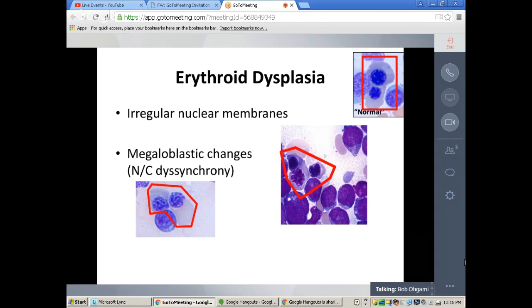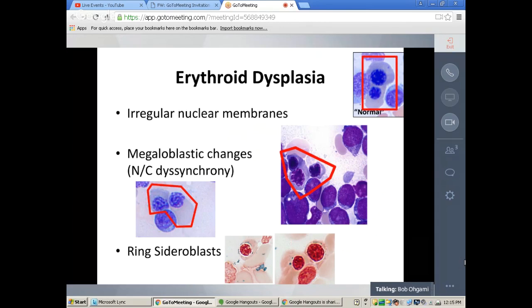You can see the chromatin is much more open for the amount of hemoglobin, or pinkness or grayness, of the cytoplasm of these erythroid cells. Ring sideroblasts are also a sign of erythroid dysplasia, and here you can see ring sideroblasts.